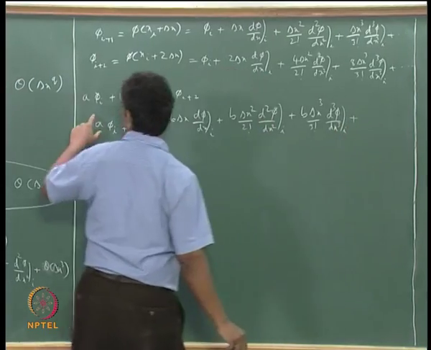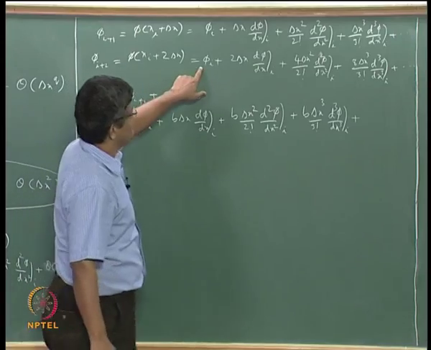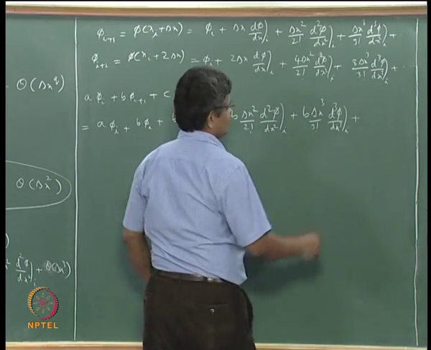Plus we have c times phi I plus 2. So we multiply all this by c here.